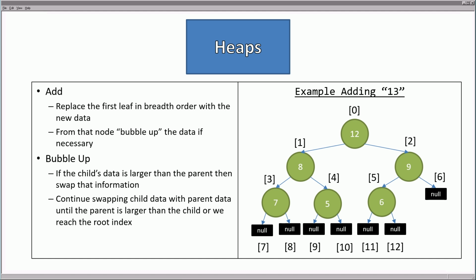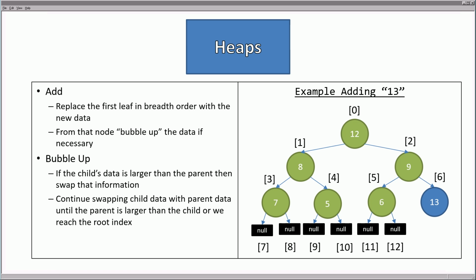Let's see an example. Let's add the value 13 to this max heap. So the first thing that we do is scan through in breadth order, and we find the first null element here. We add 13 to there, and now we start that bubble up process. So from that node, in other words, from index 6, we need to access the parent.